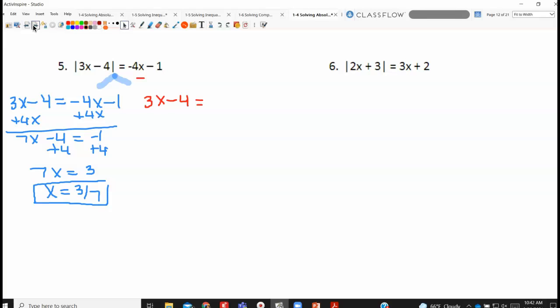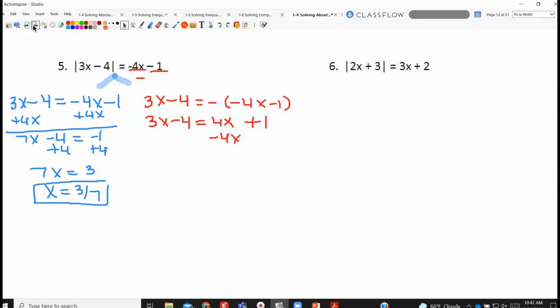And in the past, it's just the negative or the opposite of the number. Well, for the equations, it's negative the entire equation. So you're changing the sign of all parts. So it's 3x minus 4 equals, since it was negative 4x, a positive 4x. Since it was negative 1, it becomes a positive 1.